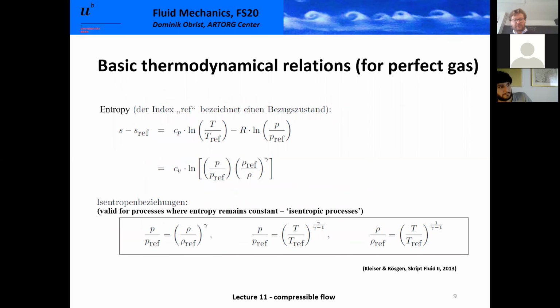Now, the third slide, this is the whole story about entropy. I already said this in the very beginning. So what is entropy? Entropy is an additional physical quantity. It's something like an energy or an enthalpy or an inner energy. It's just a quantity which describes the state of a gas.